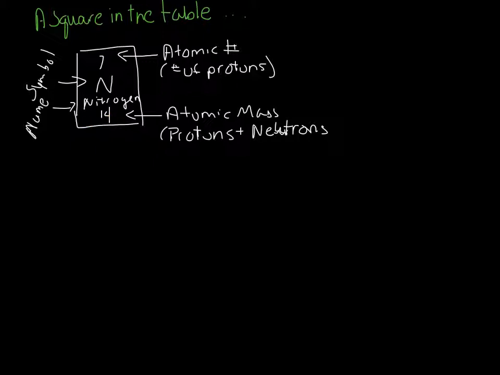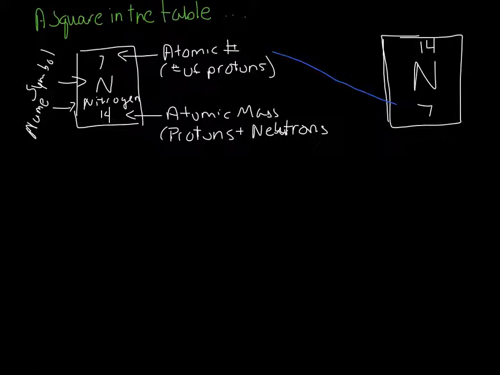Sometimes you'll see it this way, where you still have the atomic number, but in this case the atomic number is down below and the atomic mass is up top.